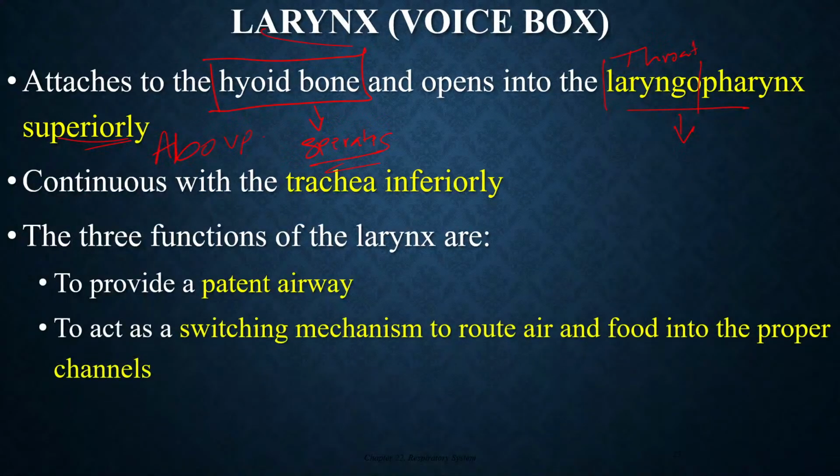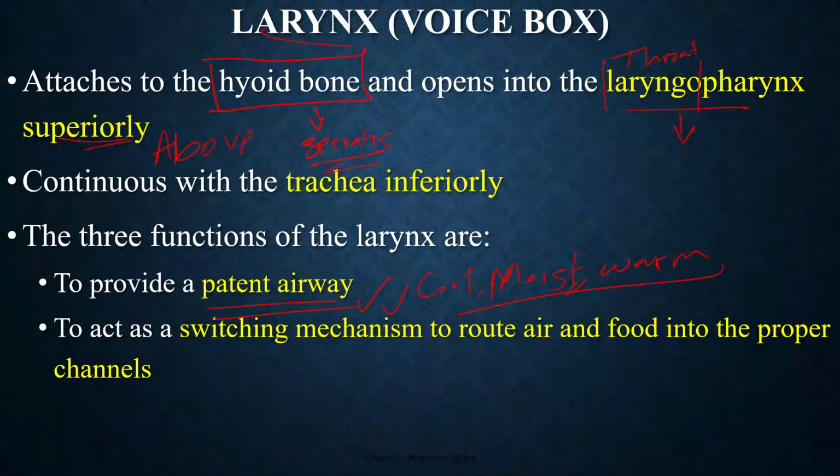So what are some of the functions of this particular organ of the upper respiratory system? It provides patent air, cool, moist, and warm. Warm and cool, someone might say they cannot fall under the same category. It is cool and moist and brought to body temperature.